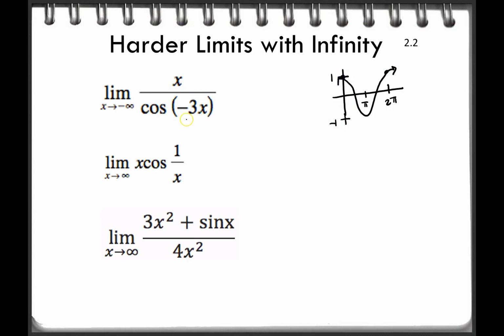So why do I bring that up? I bring that up because cosine graph just keeps going up and down, up and down, up and down. And so when we plug anything into it, it's just going to change, right? So if I'm plugging in a big number here, depending on what it is, it's going to change. So it's either going to be a 1 or a -1, or it could be a 0.5, a 0.2.